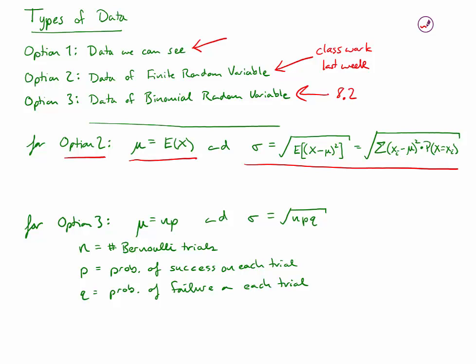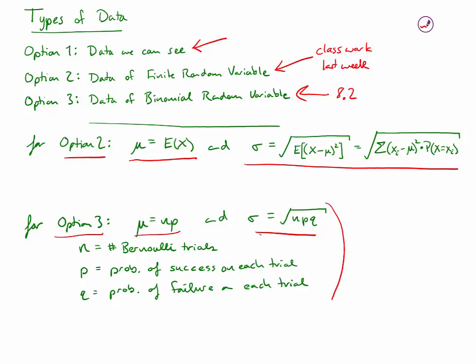Similarly down here with option 3, we've got different formulas for each of the mean and the standard deviation. Those can dramatically decrease the amount of time you have to spend on calculating things. Obviously, you're only multiplying some numbers and taking a square root. So these can be very simple.